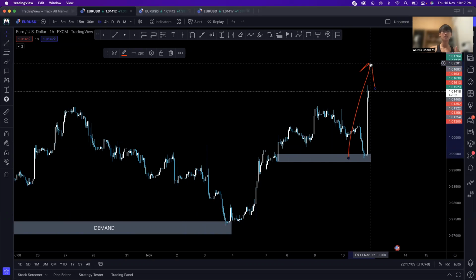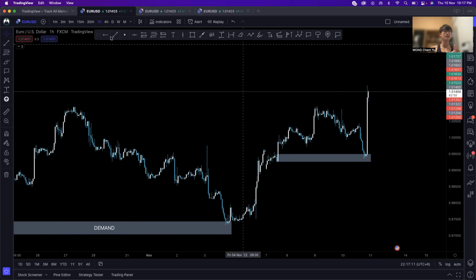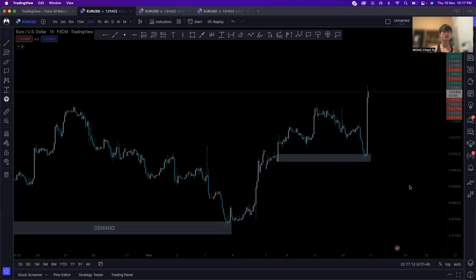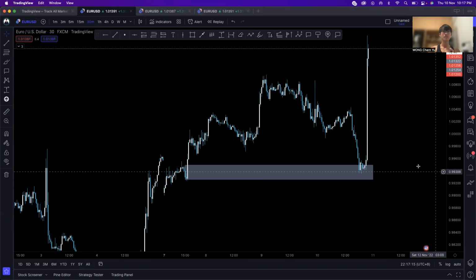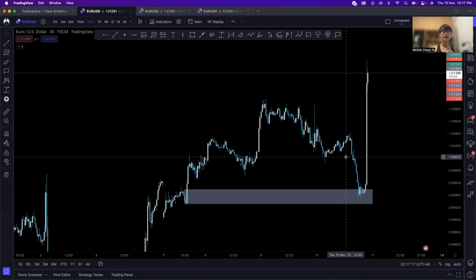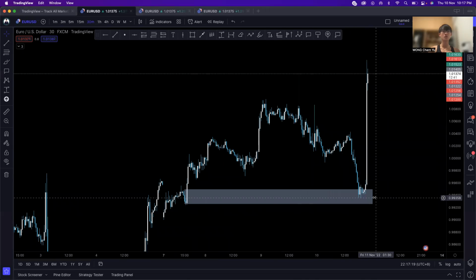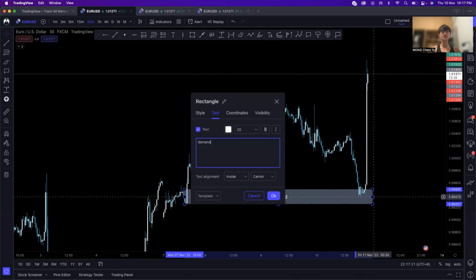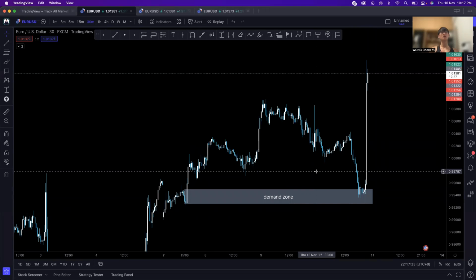Now we're going directly into the technical factors. If you look at the 30 minutes time frame, price came down and reacted off this demand zone very nicely. Demand zones can also be called order blocks on larger time frames.